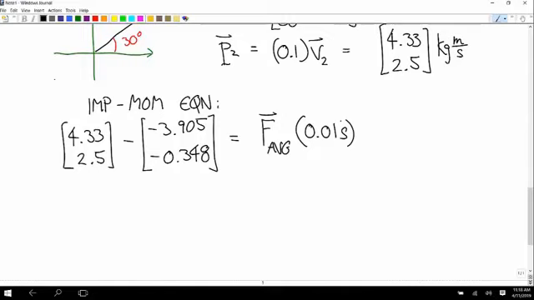Okay, so what's 4.33 plus 3.905? 8.28. And then what's 2.5 plus 0.348? Well, I can do that one. The y component is 2.85.